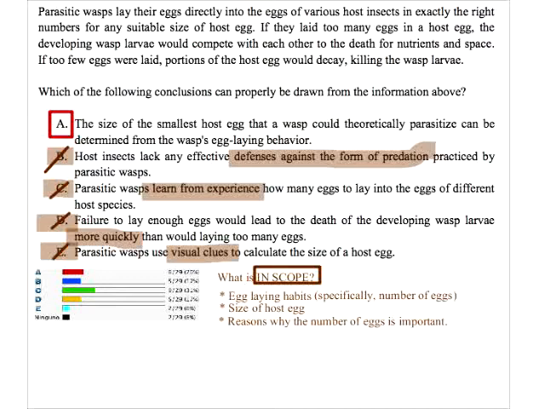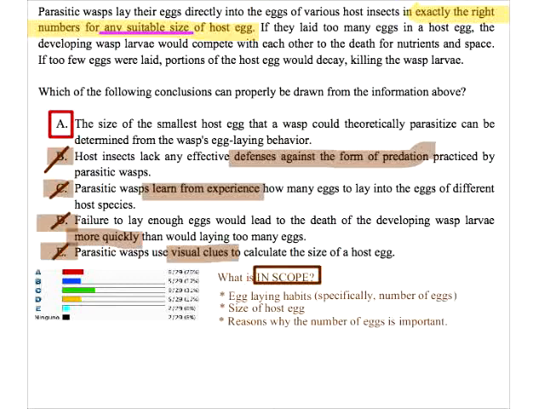So as far as choice A goes, the size of the smallest egg that it could theoretically parasitize could be determined from its behavior. Well, it's exactly the right numbers for any suitable size of host egg. So that means that there is some smallest egg, because there's going to be some size of egg where your suitable number is 1.